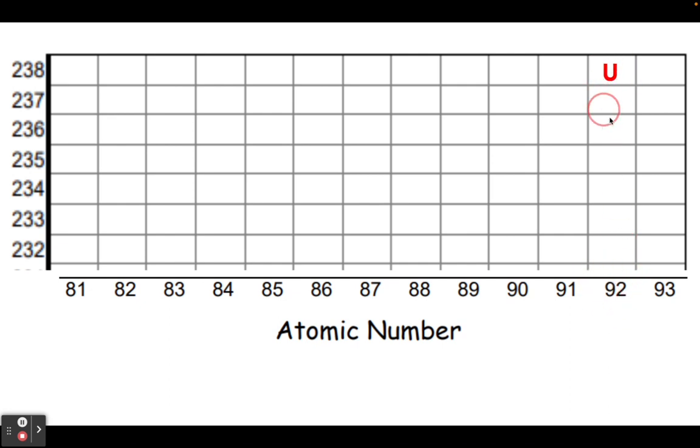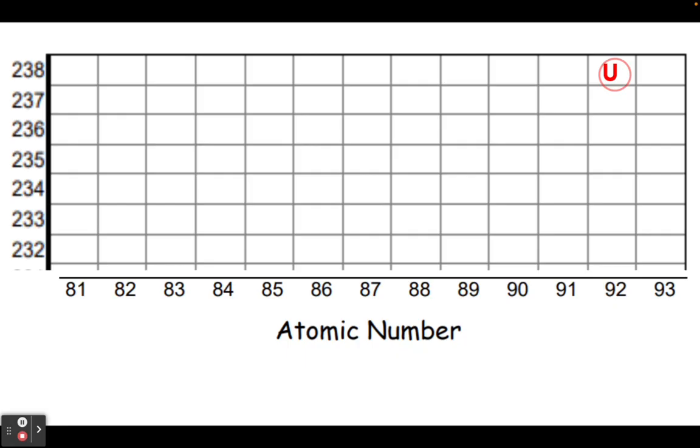So uranium, we're starting with uranium that has 92 protons and a mass of 238. So this is uranium 238. Remember, you name it by the mass number. So this is uranium 238. And so now we can take the decay series that we just finished, because we have it in front of us. Now we can plot this on the graph.